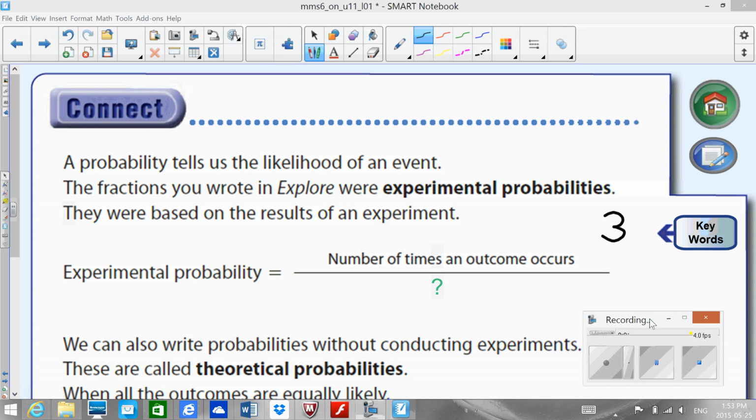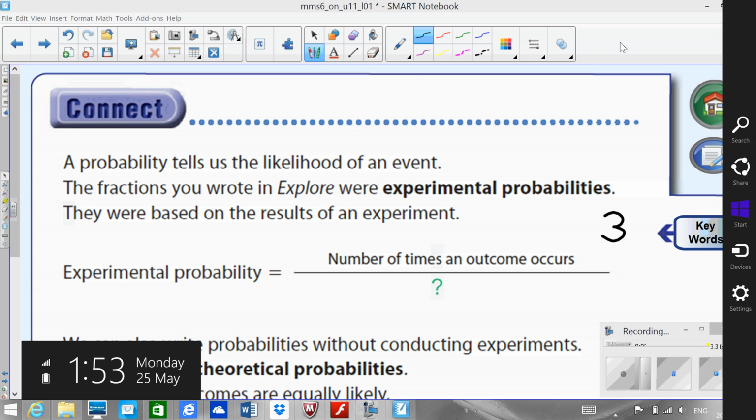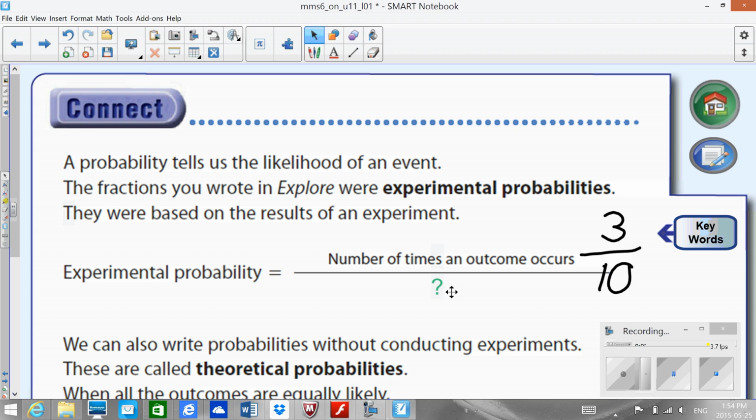Right, so we roll 3 6s, we put a 3 on the number of times our outcome occurred. Now, if we take a look and we put down how many times we actually tried the experiment, we would be writing down 10. Okay? That would become our denominator, right? The denominator in a probability fraction is the number of times we actually tried our particular event, or the number of times we conducted our experiment.